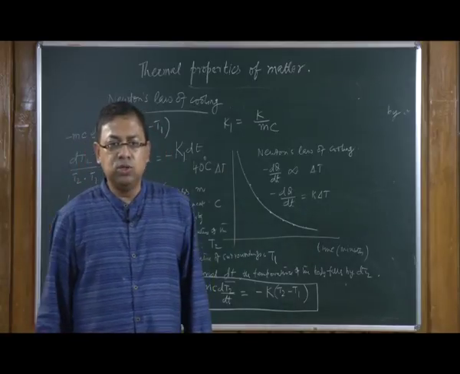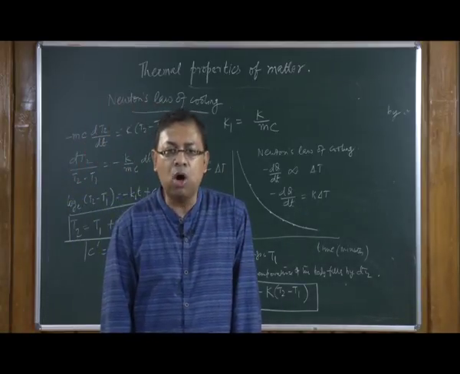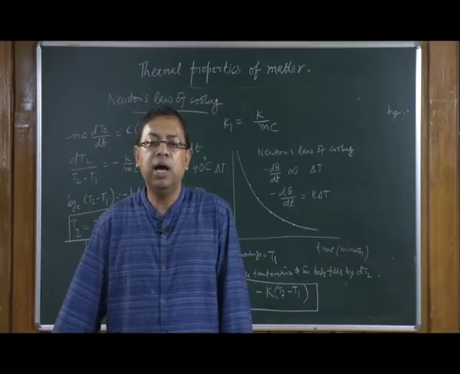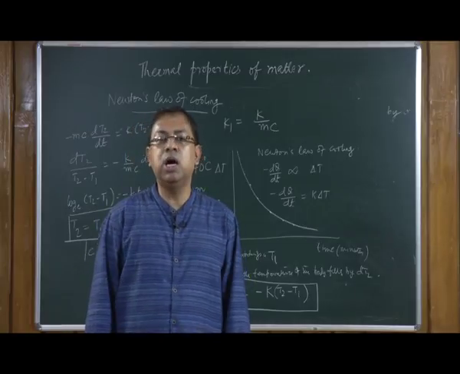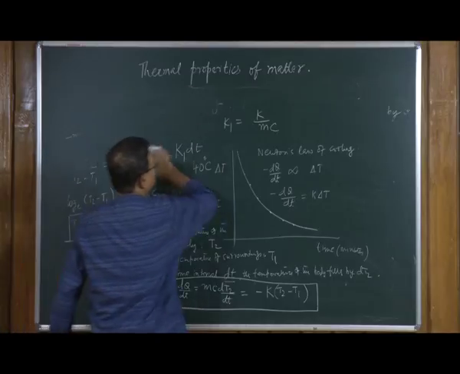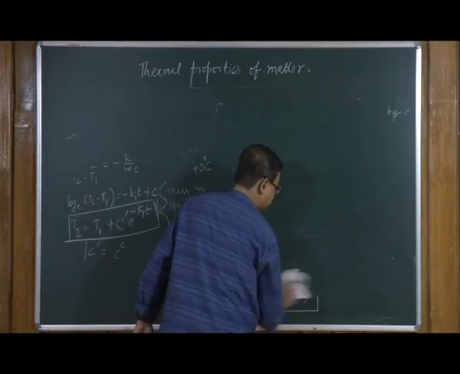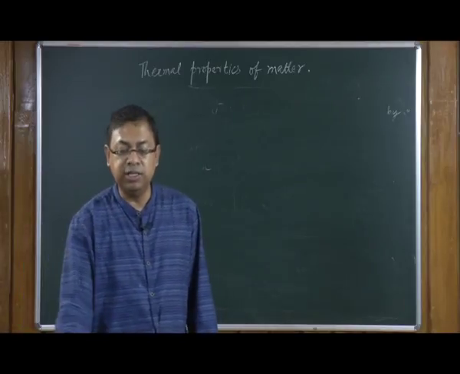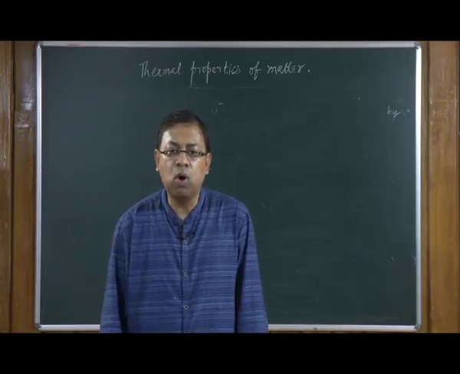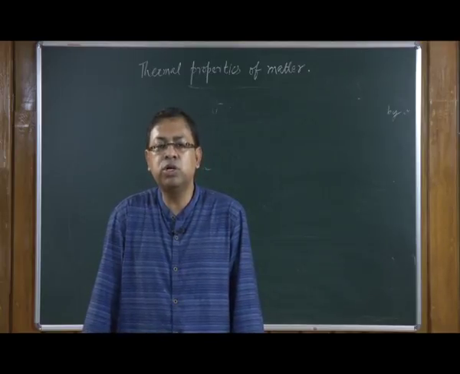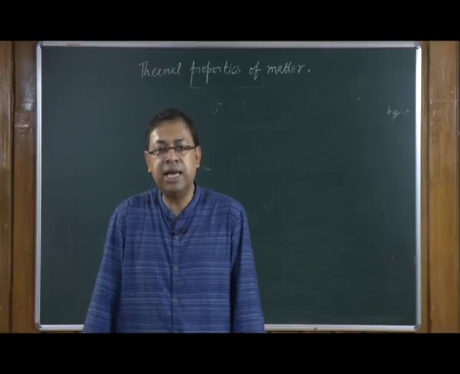So, with this we stop here on discussing thermal properties of matter, with a very quick recapitulation of what we have done. We have talked about heat being a form of energy, and the concept of temperature, and different temperature scales such as Celsius and Fahrenheit.